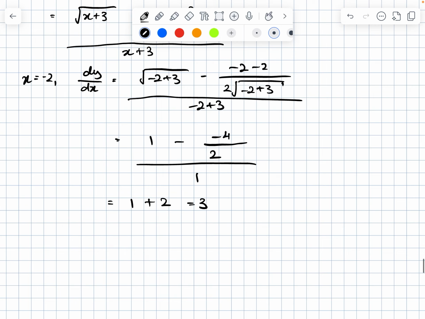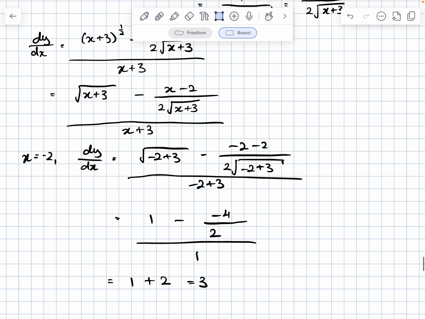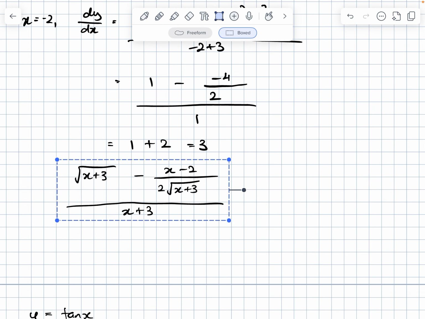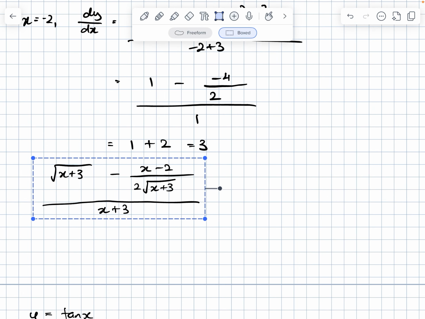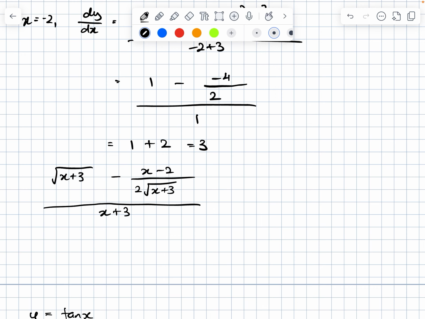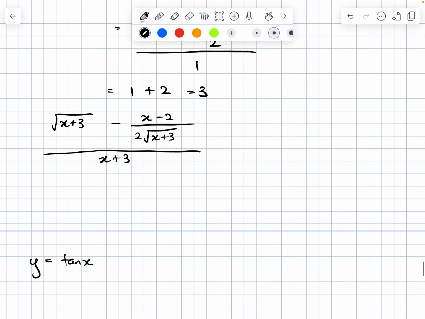Now, if you were wanting to simplify this, let's just copy that. To simplify, we need to firstly add the fraction on the numerator.